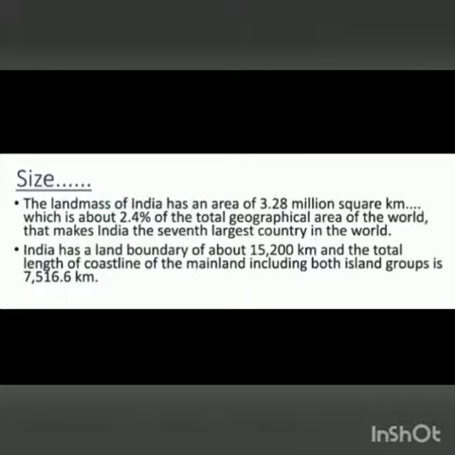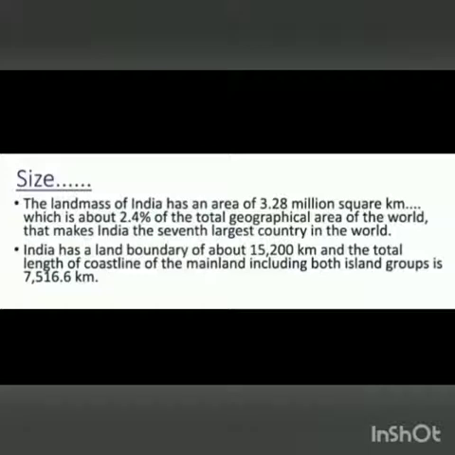Now we will discuss the size of India. The land mass of India has an area of 3.28 million square kilometers. Do you know, students, this is only about 2.4% of the total geographical area of the world, which makes India the 7th largest country in the world.